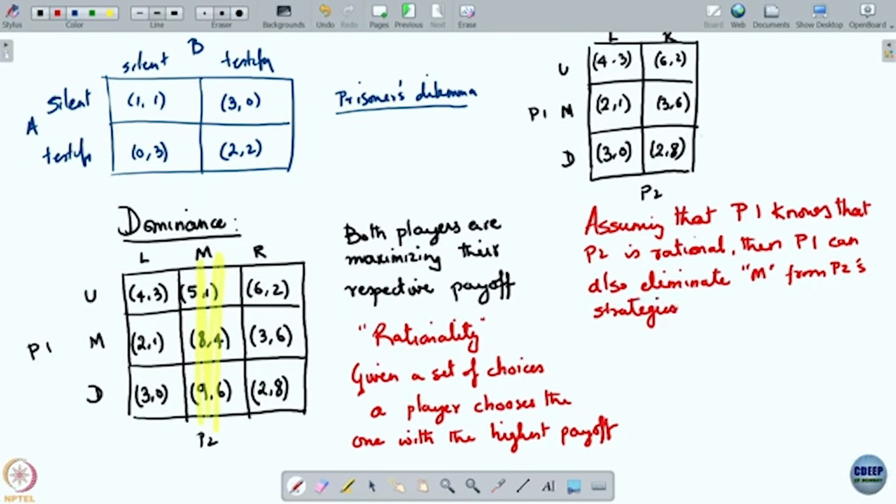See, the matrix here came about by eliminating M for player 2, but it was player 2 who could eliminate it because he knows he is rational. So, player 2 eliminates M because player 2 is rational.